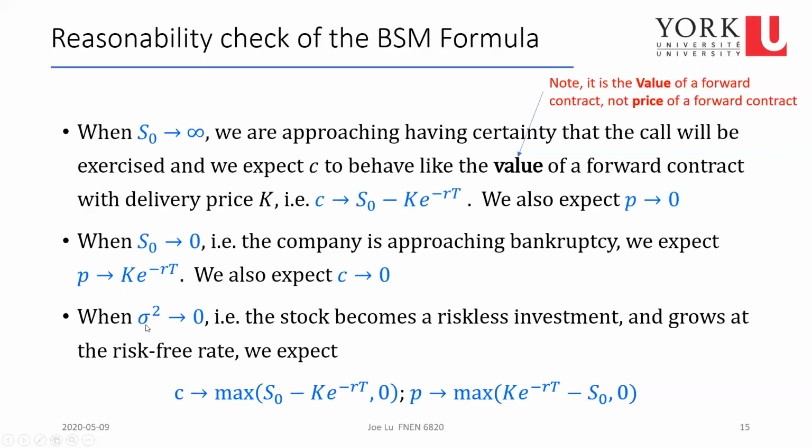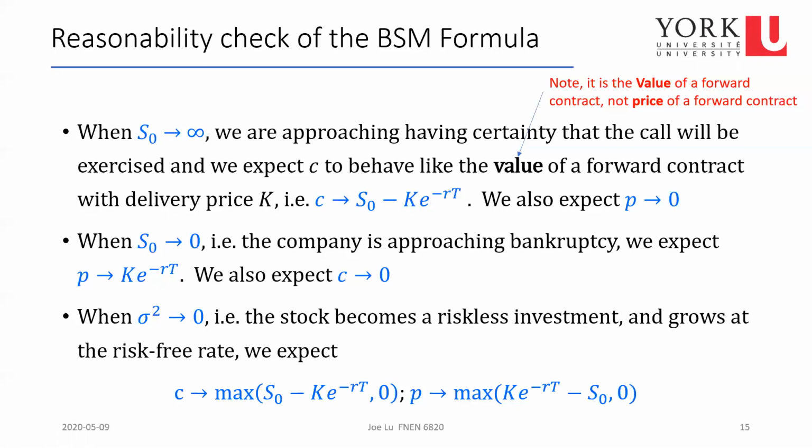If the stock price were to be stuck with volatility 0, basically it's not going to change, it becomes a constant. So the stock then is a risk-free investment because it doesn't change.